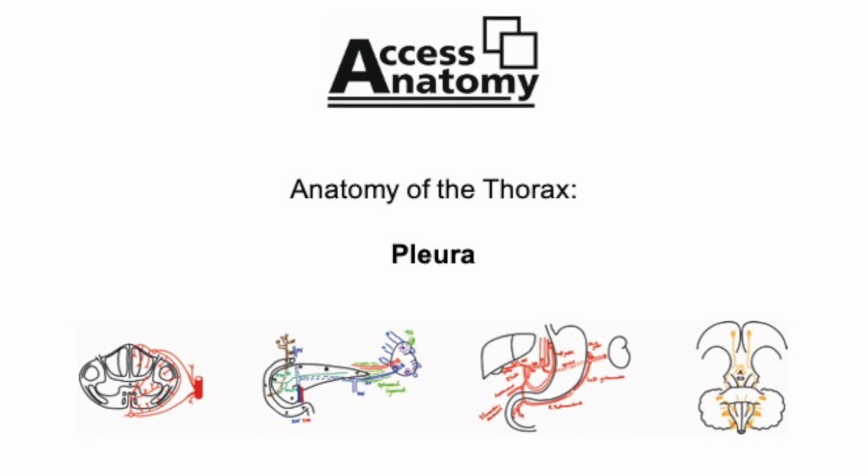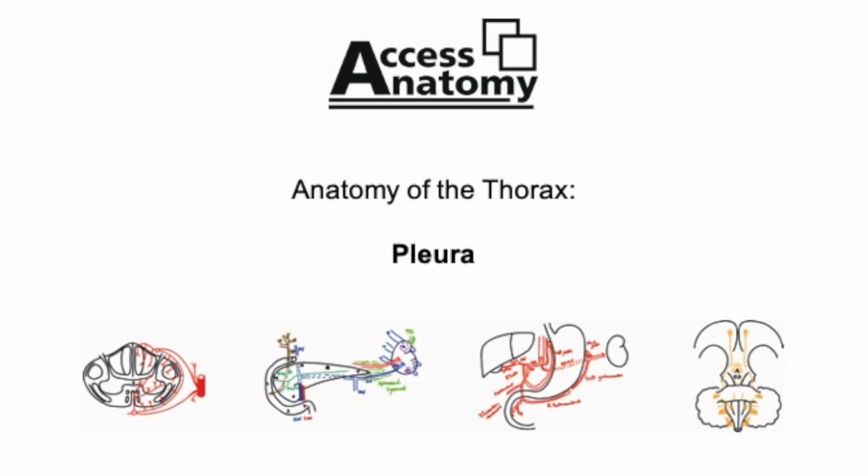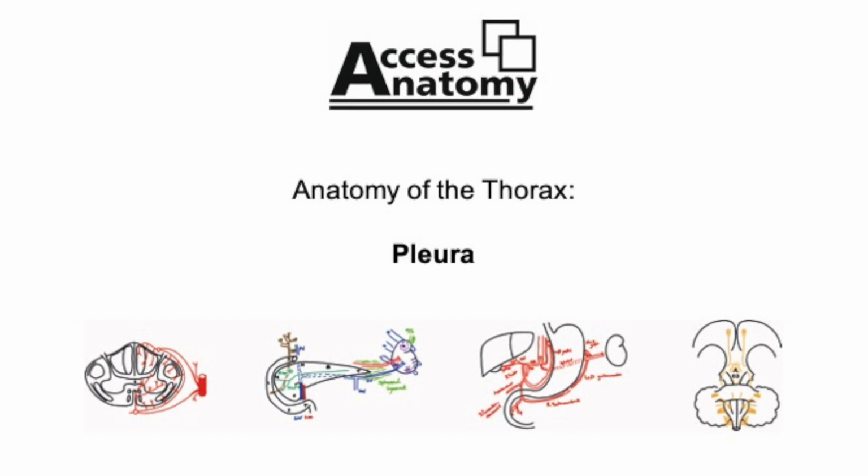So as I mentioned previously, the visceral pleura that surrounds the lungs and the parietal pleura that lines the thoracic wall are held in contact by a thin layer of serous fluid that occupies the space between the visceral and parietal pleura. This space is the pleural cavity, and the serous fluid allows the two pleural surfaces to freely slide against one another when you breathe.